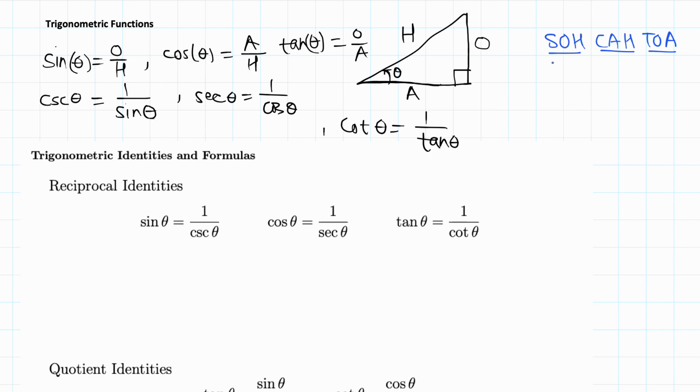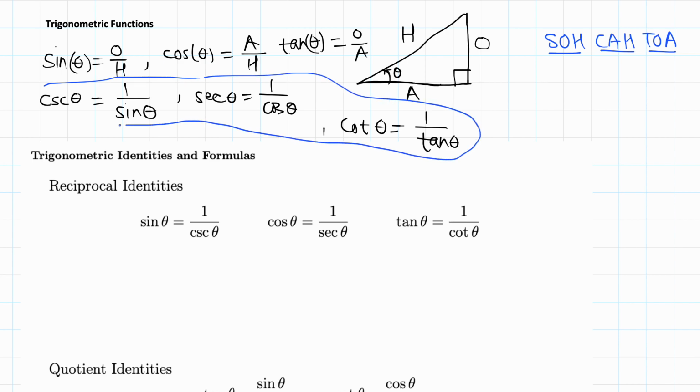And cosecant would be the reciprocal of that, h over o. Secant would be h over a, or 1 over cosine, and cotangent is adjacent over opposite, or 1 over tangent. These are reciprocals, and we can put them here, and these are called reciprocal identities.